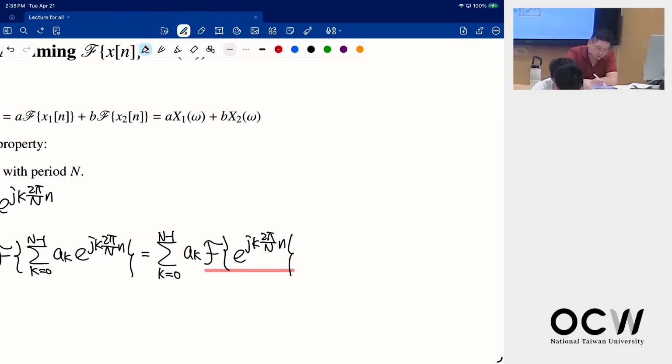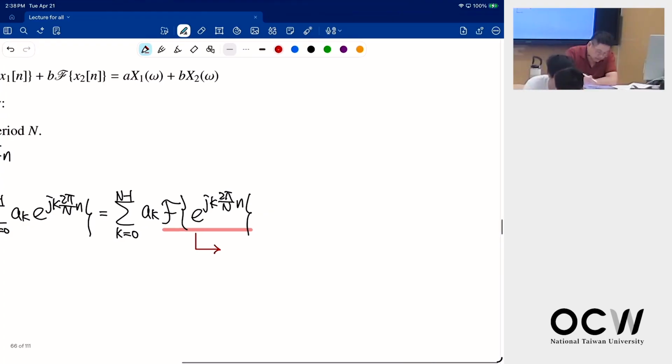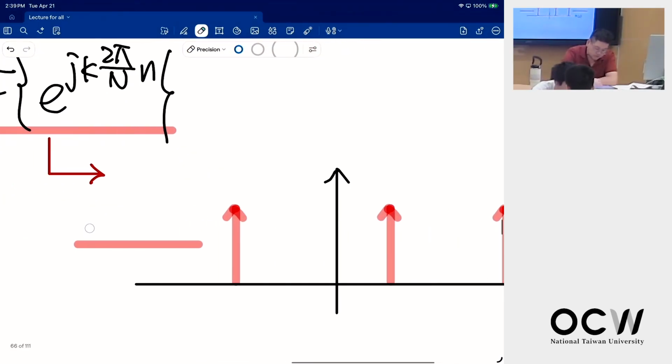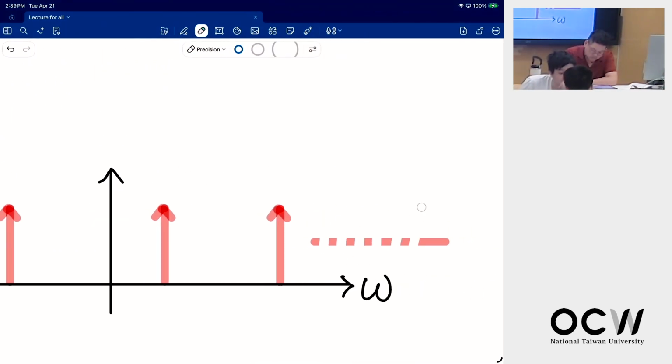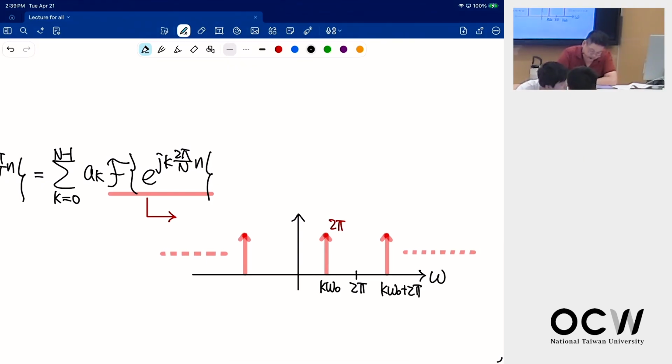If you plot it, it looks like a pulse train with height 2 pi at k omega naught, and it is periodic, so there are also pulses at k omega naught plus 2 pi and k omega naught minus 2 pi.